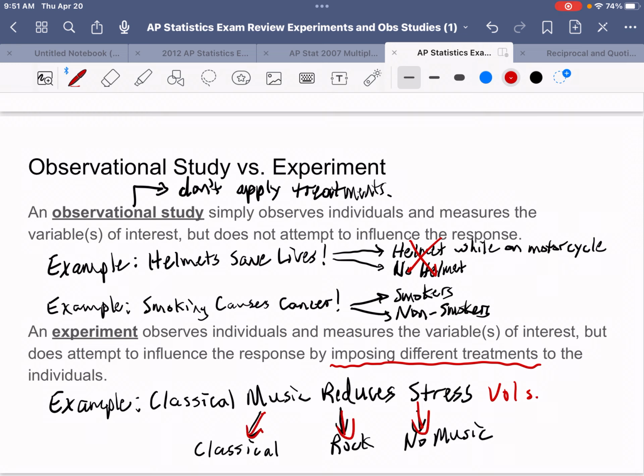That wouldn't be unethical, right? You people are going to listen to classical music for the next month, you're going to listen to rock music, and these people are going to listen to no music for the next month. And after a month, we're going to measure the difference in your stress levels and compare the 3 groups. That would be an experiment because we could impose those 3 treatments.